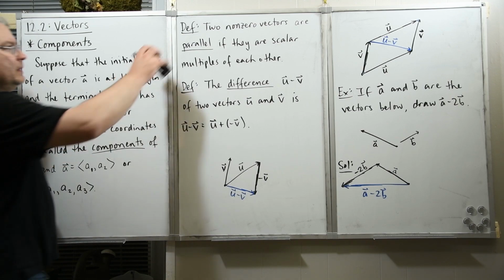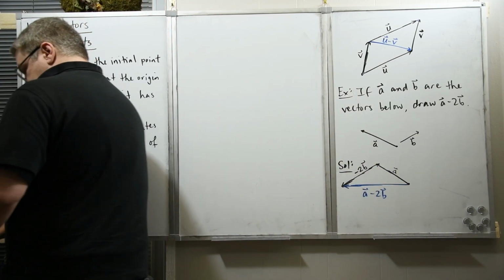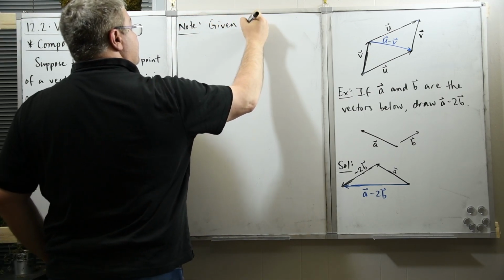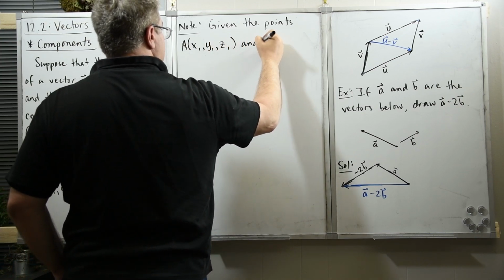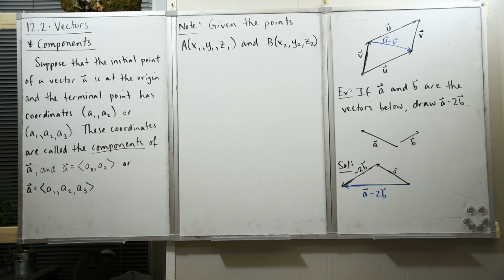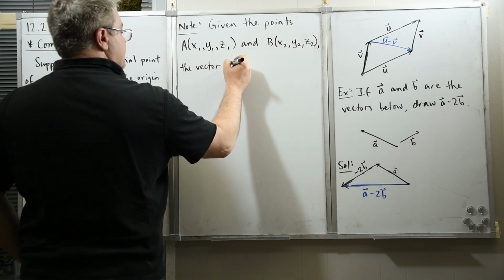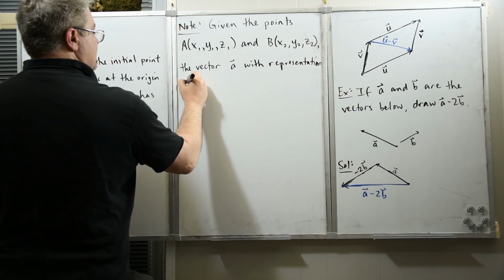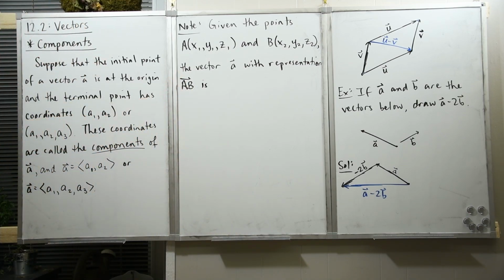Now, one thing to make note of is given the points A with coordinates x1, y1, and z1, and B with coordinates x2, y2, and z2, and the vector A with representation like so, it's going to be as follows.